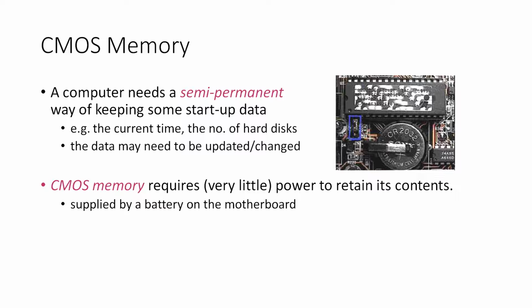As you can see in the figure, the CR2032 is a lithium cell. This cell is responsible for storing the computer's semi-permanent data. That can be the current time, the date, the number of hard disks attached, and the RAM attached or removed. All this information is kept in this CMOS memory.